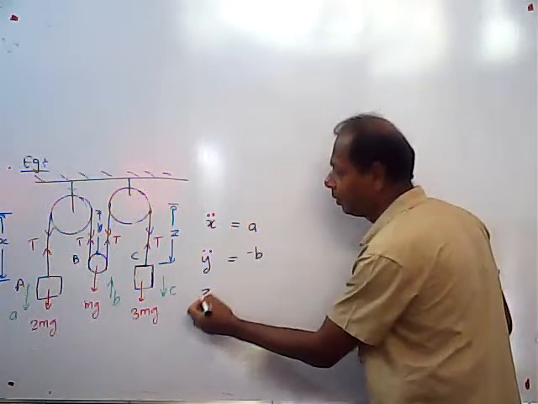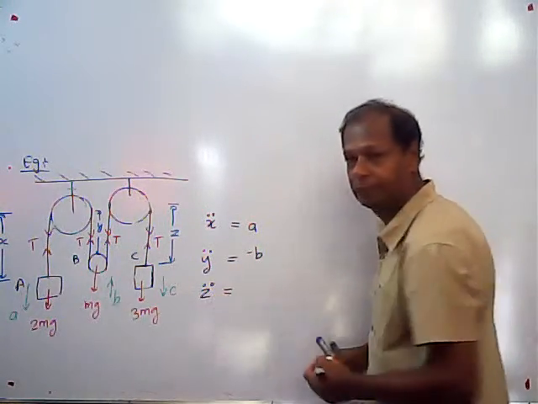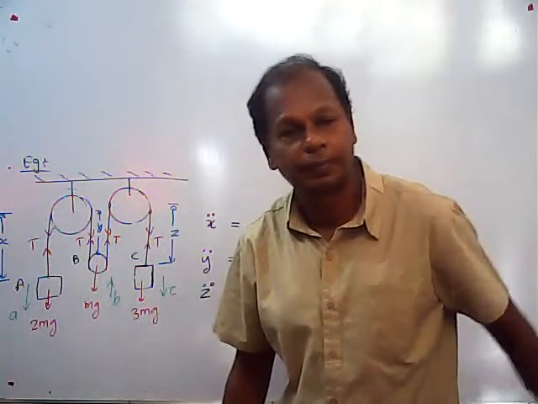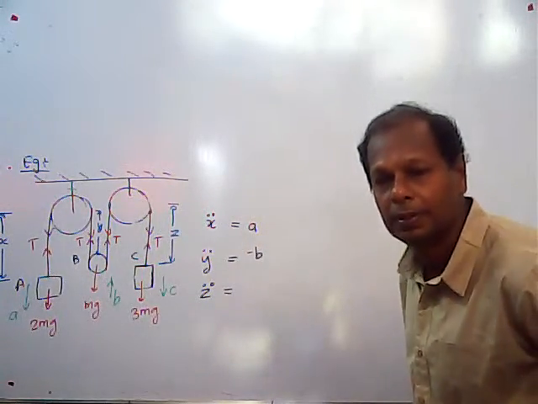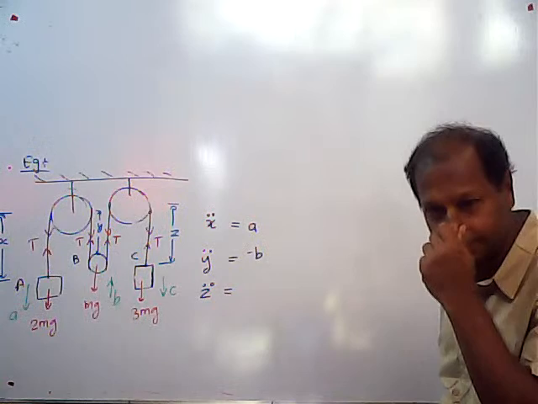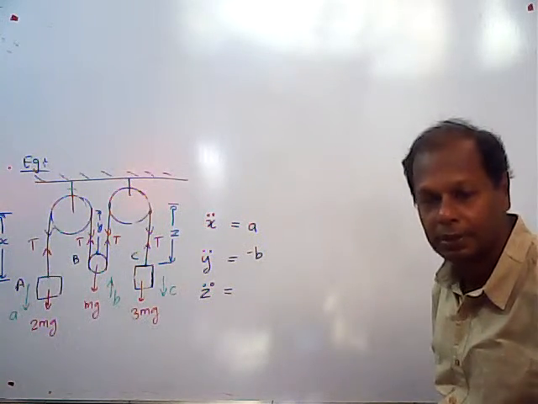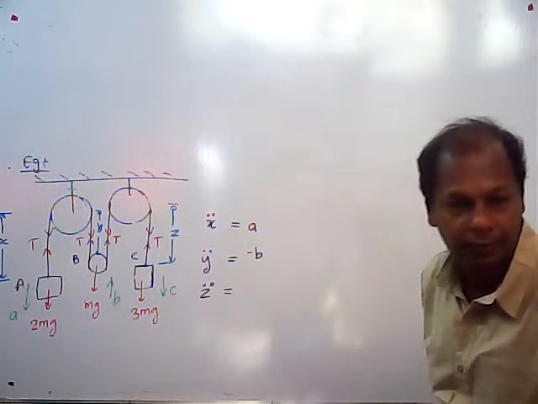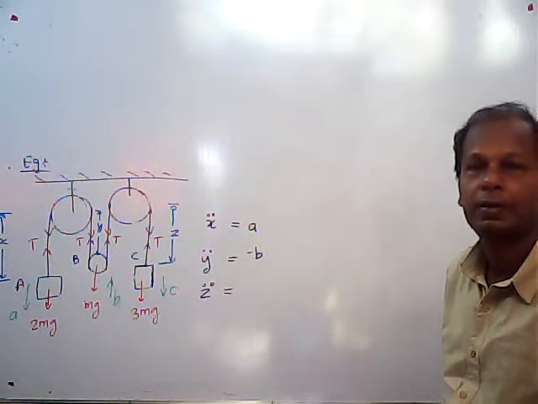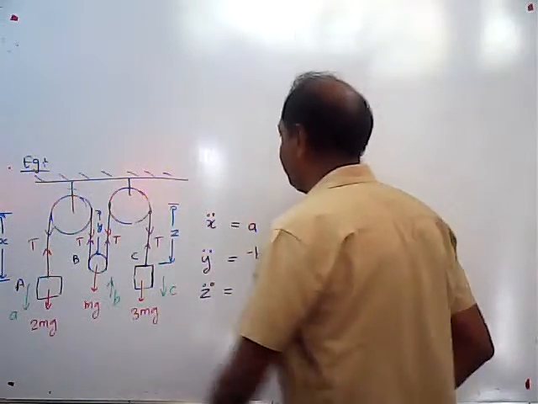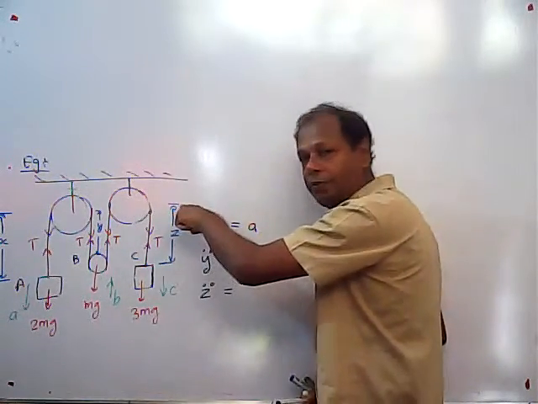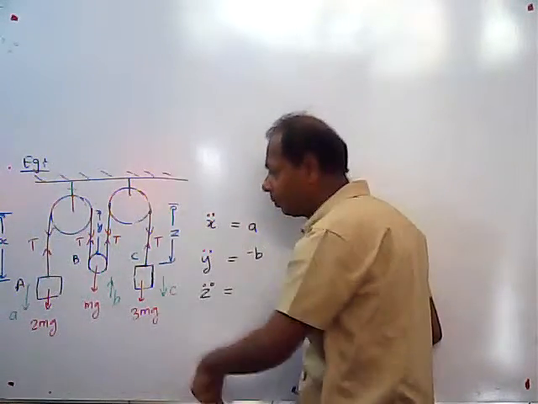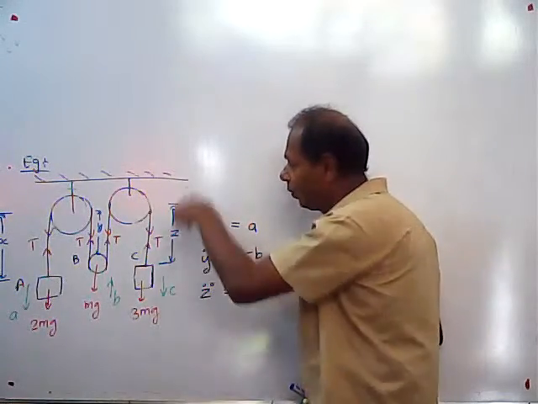Similarly, what about z double dot? It equals c directly, because z is measured from the reference point downwards.